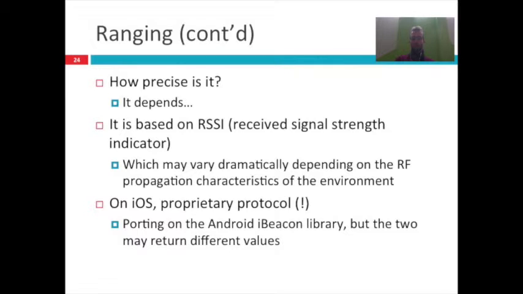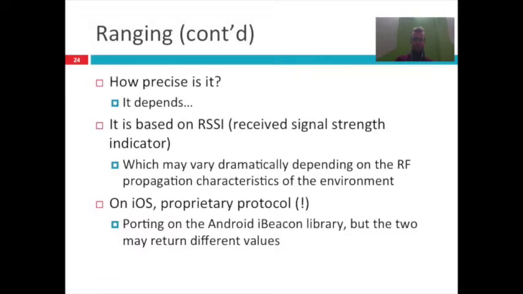Now, how iBeacons expose ranging information based on RSSIs, it's actually part of our proprietary protocols on iOS. So we don't actually know which type of algorithm is currently used. There is also an open source porting on the iDroid iBeacon library, so basically for using with Android operating system.